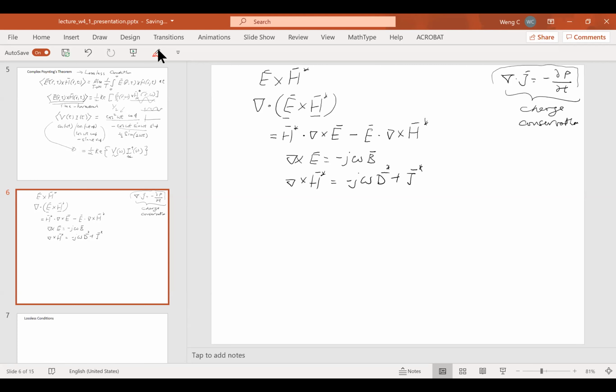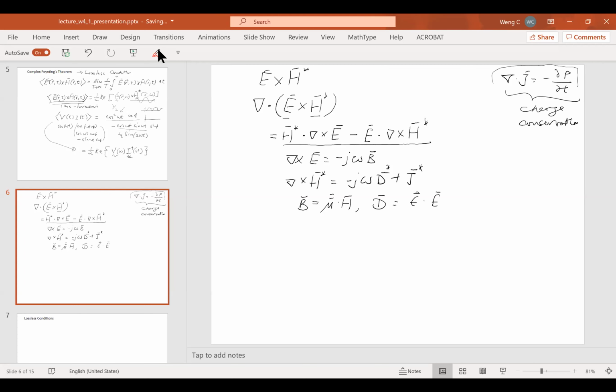Now we can use these two equations to simplify what you have on the right-hand side. Okay, we can simplify the right-hand side of this equation using two of these Maxwell's equations. And we also put in the constitutive relationship for anisotropic media, so that B is mu dot H and D is epsilon dot E.